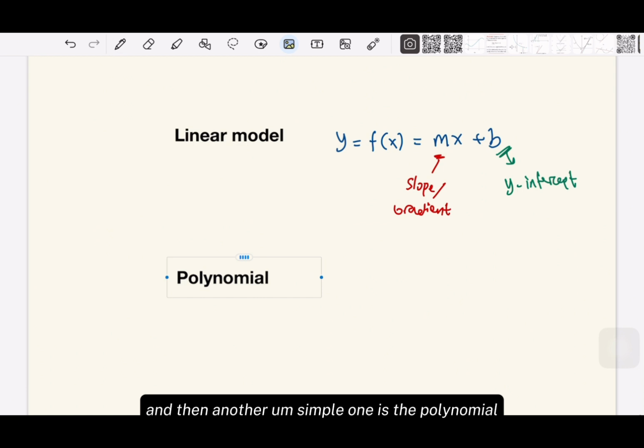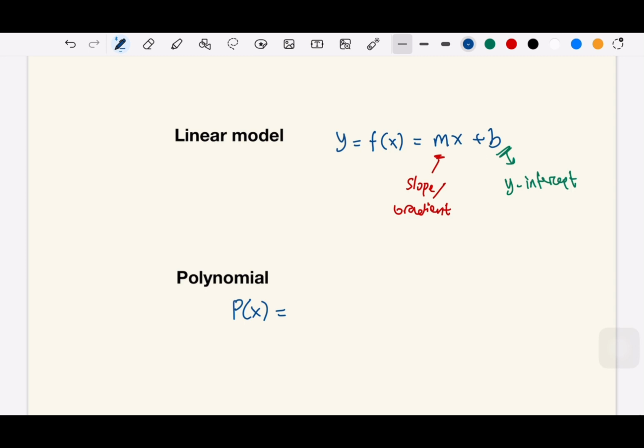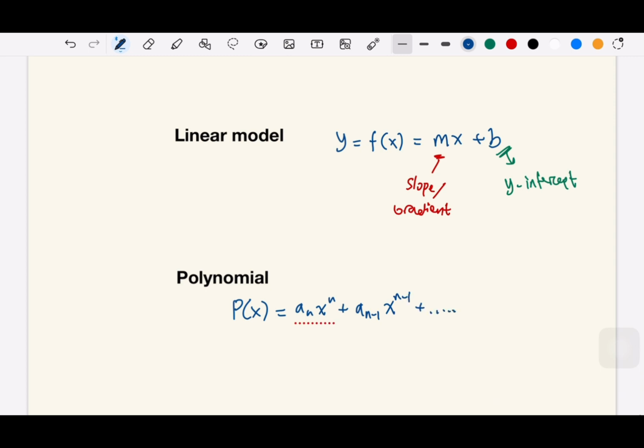And then another simple one is the polynomial. Usually we write it in terms of this p of x. It means that it can be of any degree.